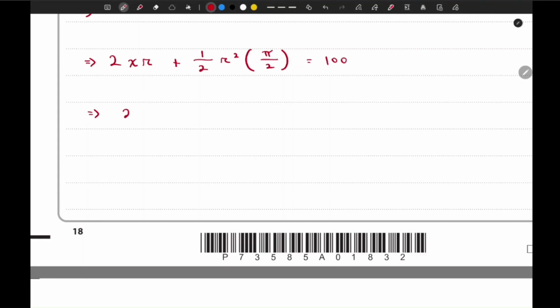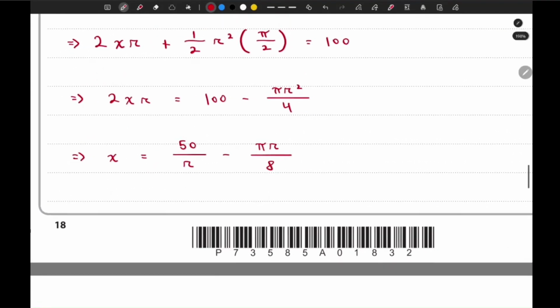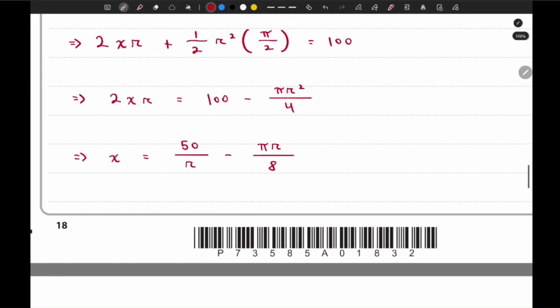So this will be 2xr equals 100 minus pi r squared divided by 4. Now if I make x the subject, this will be 50 divided by r minus pi r divided by 8. So this is an equation for x in terms of r.